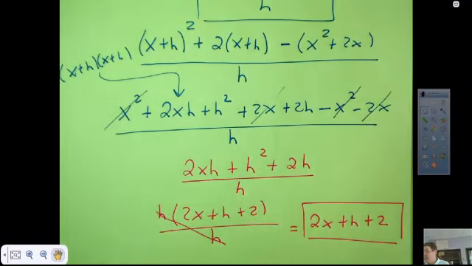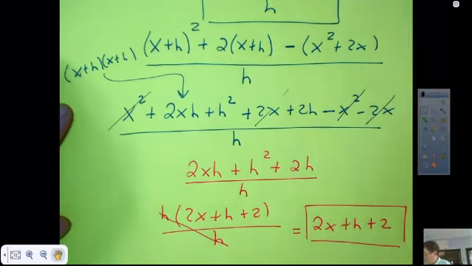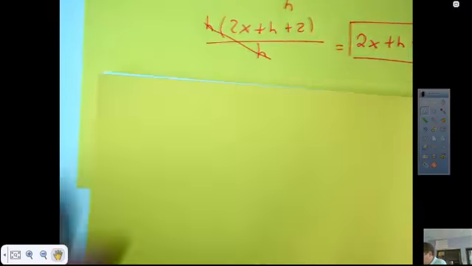Okay, the last thing on this lesson is the composition of functions. Let's start that.